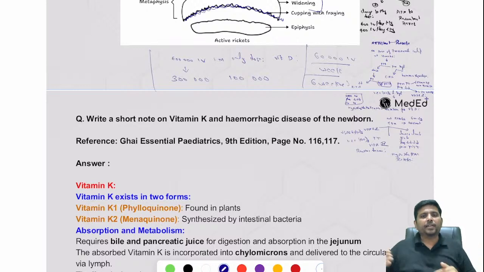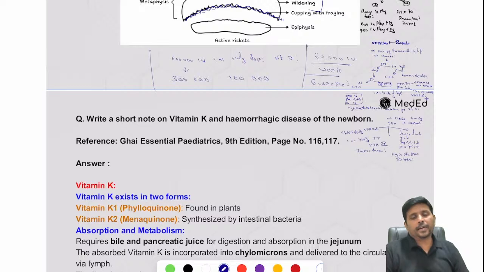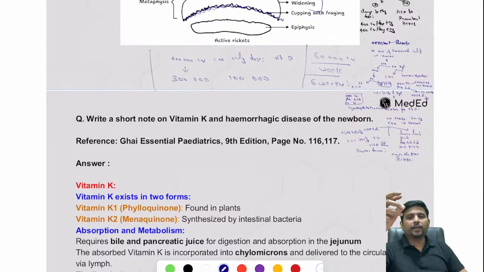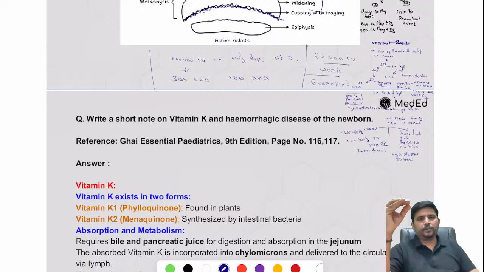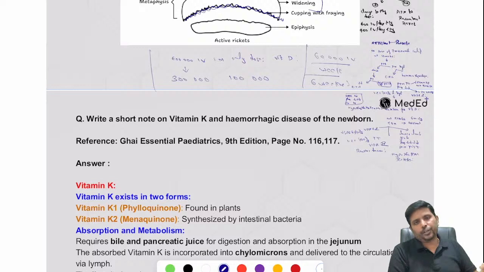So it is a case of recurrent urinary tract infection. Can you tell me what is the most common cause for recurrent urinary tract infection? If you say it is mainly due to vesicoureteric reflux, it is not so. The most common cause for recurrent urinary infection is bladder bowel dysfunction, that is constipation. Apart from constipation, you have anatomical abnormalities of the urogenital tract, like bilateral vesicoureteric reflux.